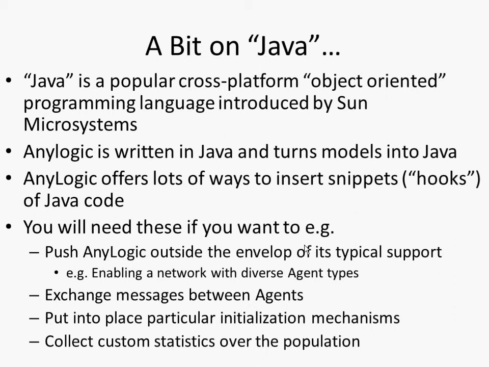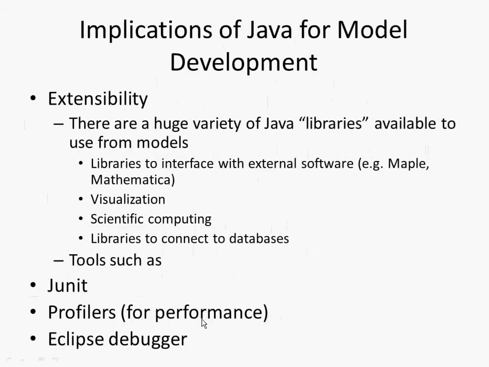And you're going to need to know something about this if you're going to be building up models or if you're going to try to debug models. So we've seen, for example, in defining custom statistics over a population, or putting into place initialization mechanisms, or exchanging messages, there's bits of Java here and there.